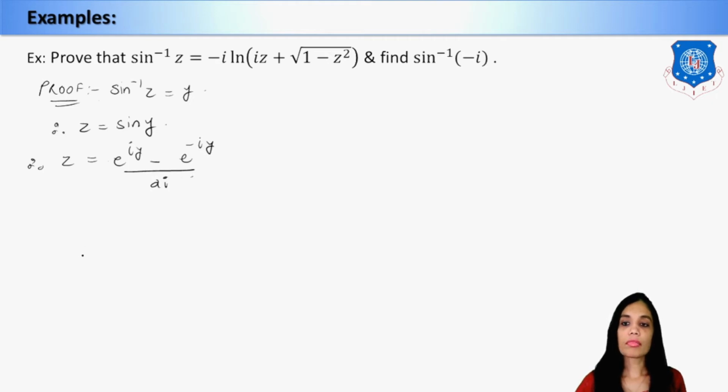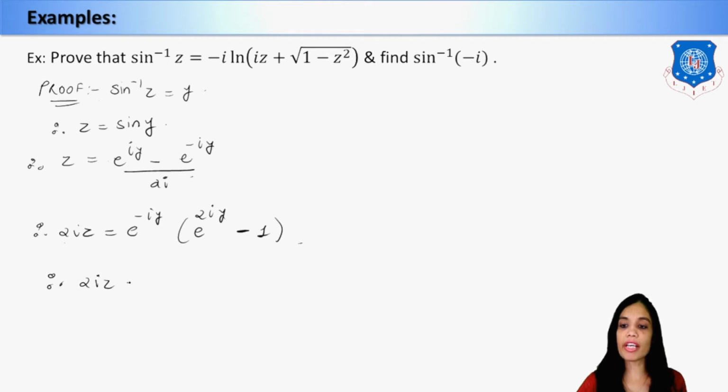Okay? So now let us take this on this side. Therefore, 2iz is equal to, when from the numerator we take out common e raised to minus iy, what will remain? e raised to 2iy minus 1. Fine. So now we will take this also on this side.